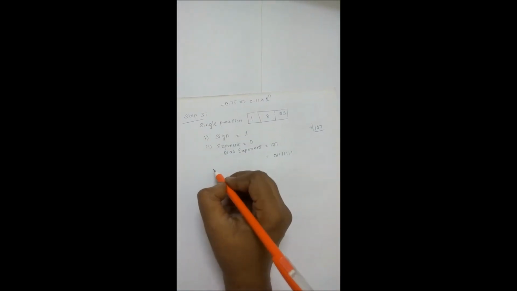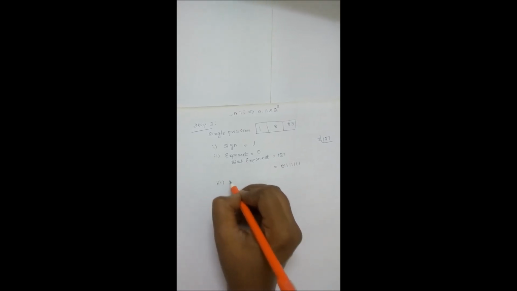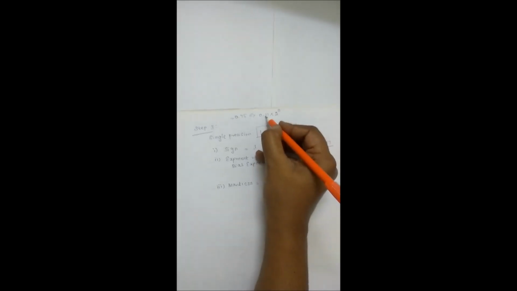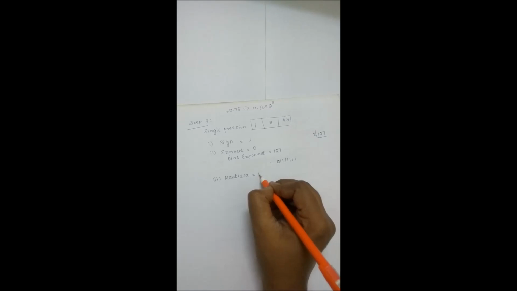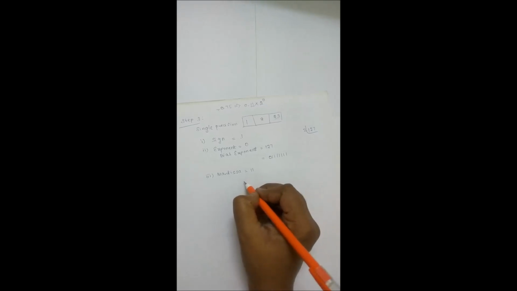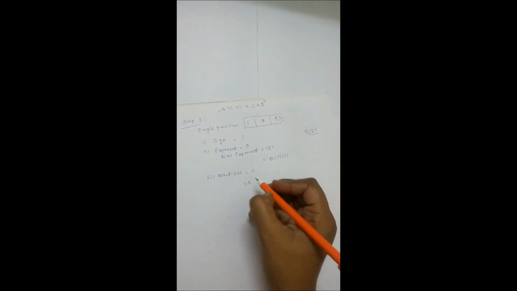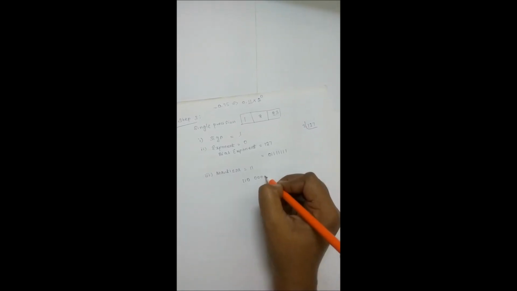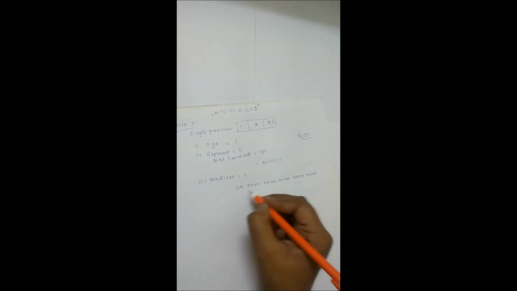Then the next value is the mantissa part, or significand. The mantissa is nothing but the fractional part, so the fractional part is 1 and 1. We have to represent it in 23 bits. This is 2 bits, so we add the extra 21 bits, 1 2 3 4 and 5, and so on, to make 23 bits with the mantissa part.